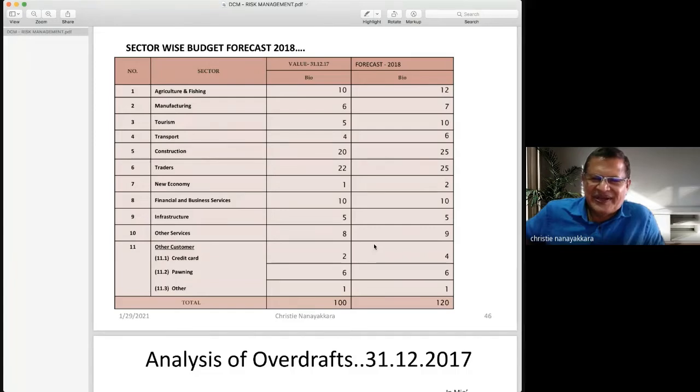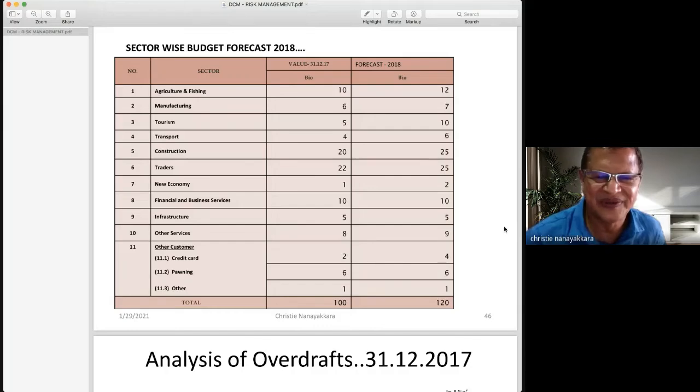So you can accommodate 5 billion during that particular year as additional facilities, plus anything repaid also can be considered for further granting of facilities. So at the end of the year, you should not have more than 25 billion in the construction industry. This is how this particular budgeting is forecasted.